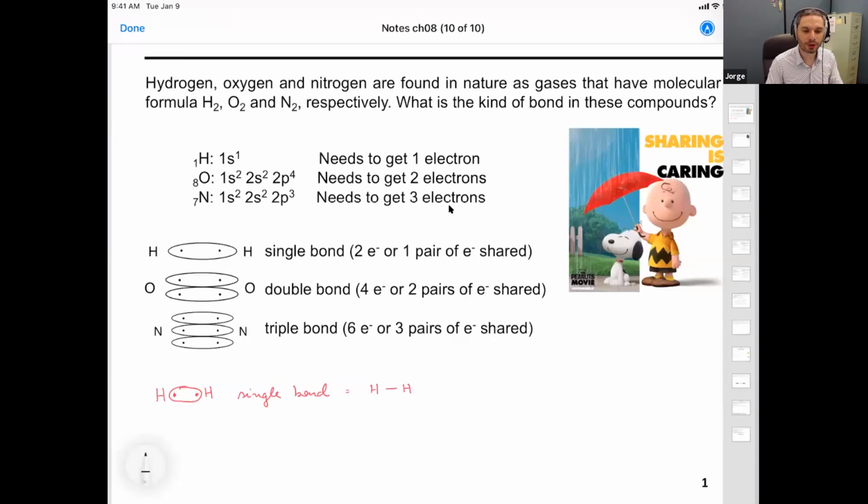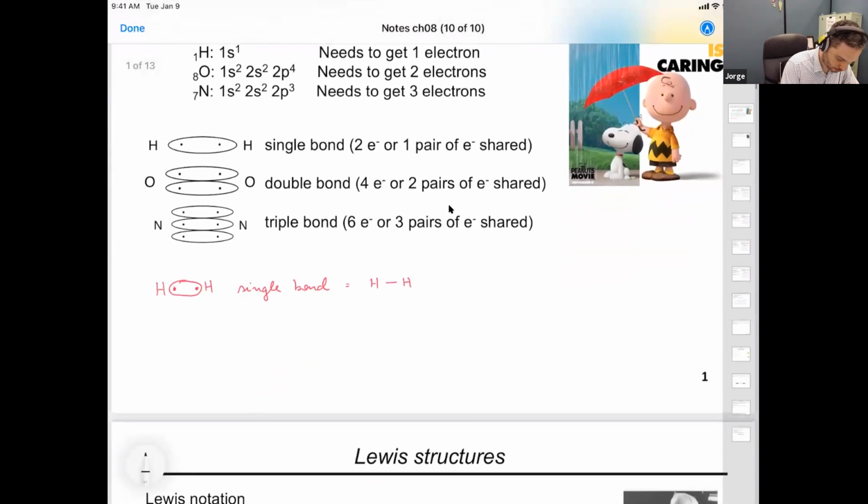Another way to share electrons is through a double bond. So that's what's going to happen with oxygen. So oxygen has 6 electrons in its valence shell. I'm going to represent 2 of the electrons here.